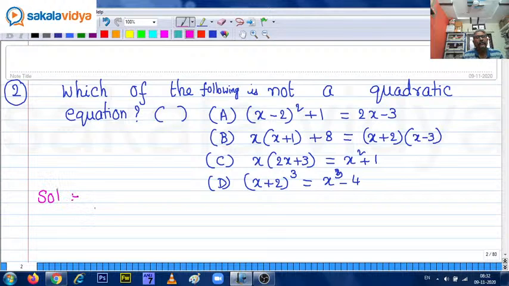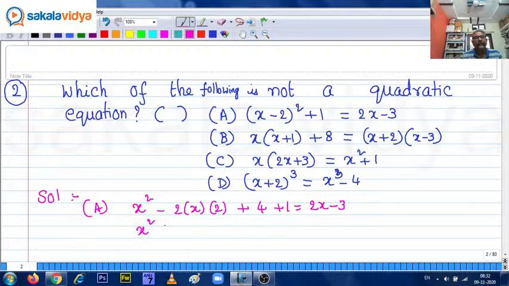Solution. First option A, x minus 2 whole square, using the a minus b whole square formula: x square minus 2 into x into 2 plus 2 square, 2 square is 4, plus 1 equals 2x minus 3. So x square minus 4x plus 5 equals 2x minus 3.